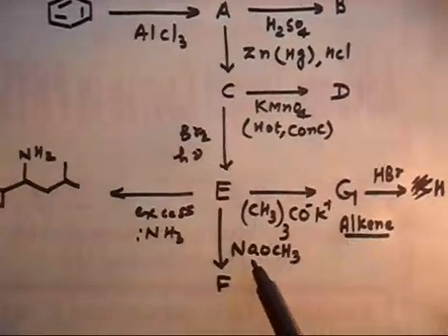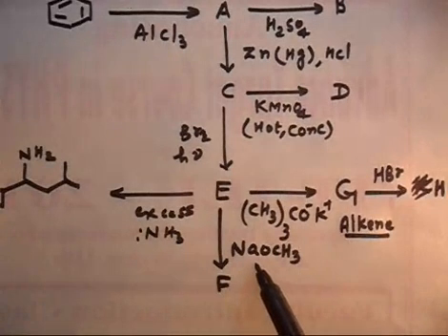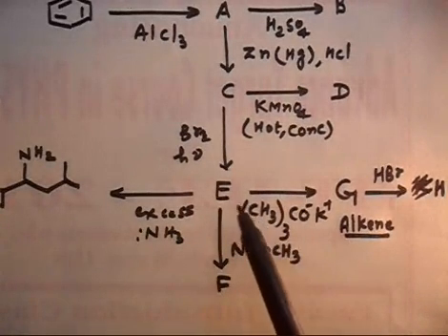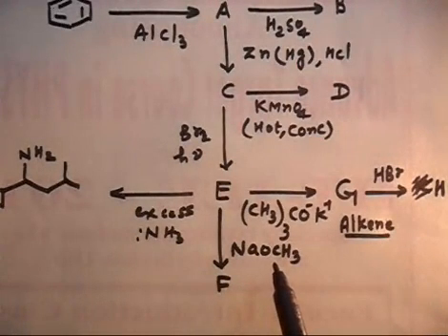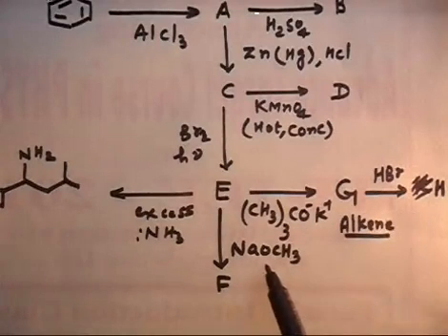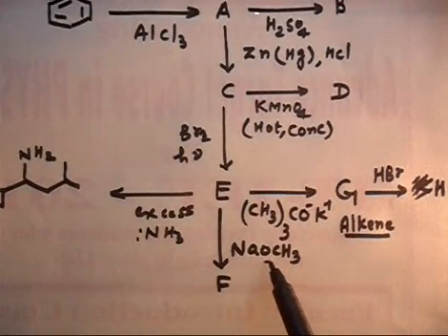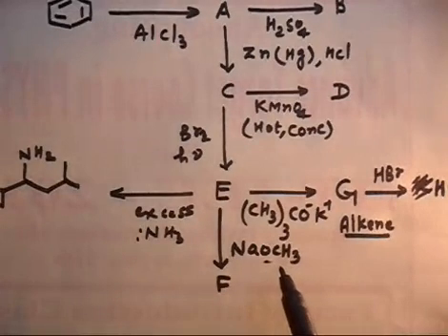Now E reacts with NaOCH3 to give F. With an alkyl halide, OCH3 minus can act either as a nucleophile or as a base. Since no heating is given, it might act as a nucleophile.